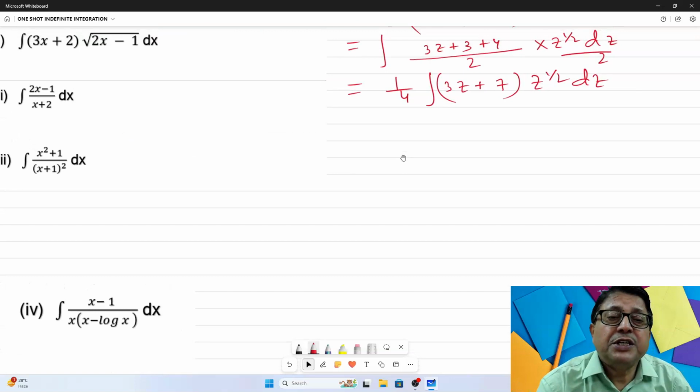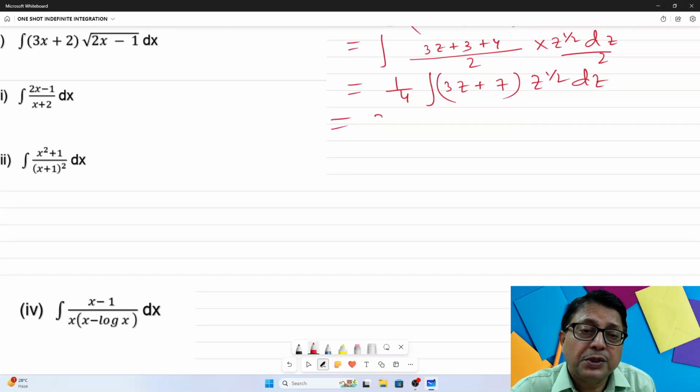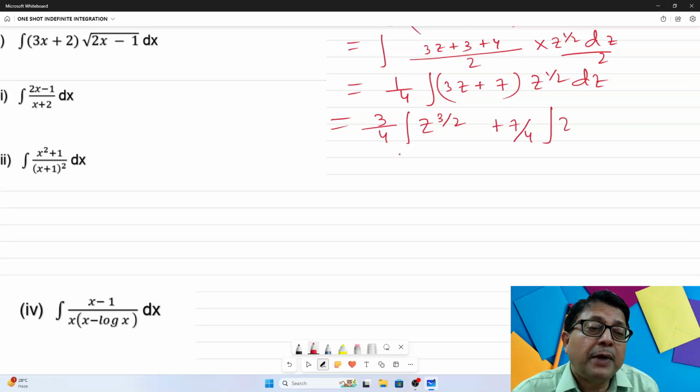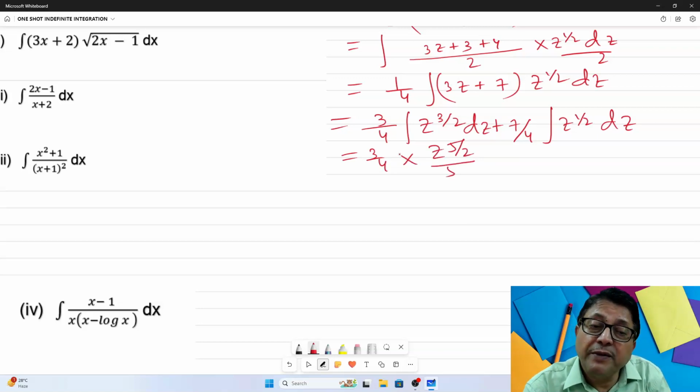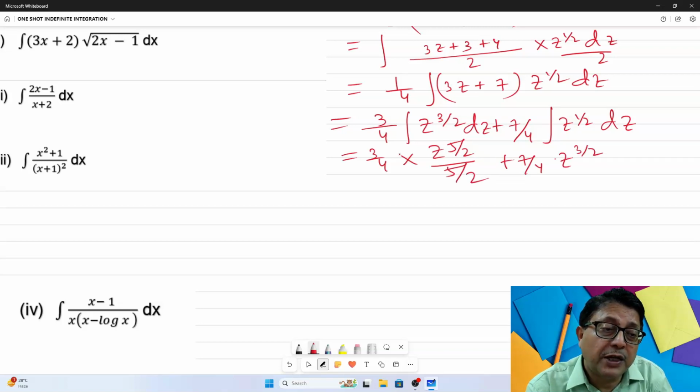So this is changed to 3 by 4 z into z to the power half, plus 7 by 4. Alright. Now this you write: 3 by 4, z to the power 3 by 2 is what? 3 by 2 plus 1, 5 by 2, by 5 by 2, plus 7 by 4, z to the power 3 by 2 by 3 by 2, plus c.